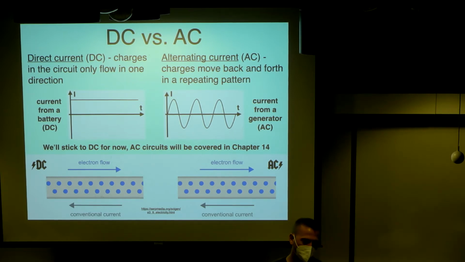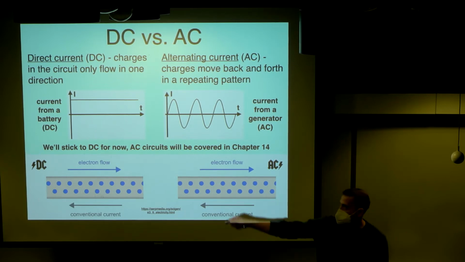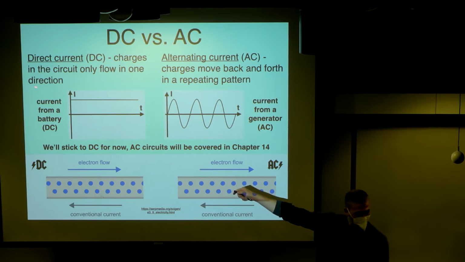Okay, so everything's just moving in one direction, and that direction does not change over time. So if we were to plot what DC current looks like as a function of time, it's a pretty simple situation. If on this axis we have the current I, and on this axis we have time t elapsed, the current is always going to have the same sign, indicating that we never switch directions. Okay?